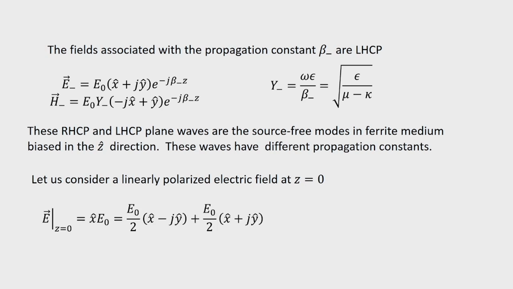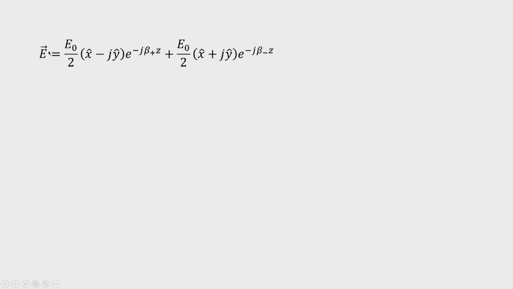At z equal to 0, the electric field E, which is directed along x, can be written in this form, and therefore at any z we can write E as E naught by 2 (x cap minus j y cap) e to the power minus j beta plus z plus E naught by 2 (x cap plus j y cap) e to the power minus j beta minus z.